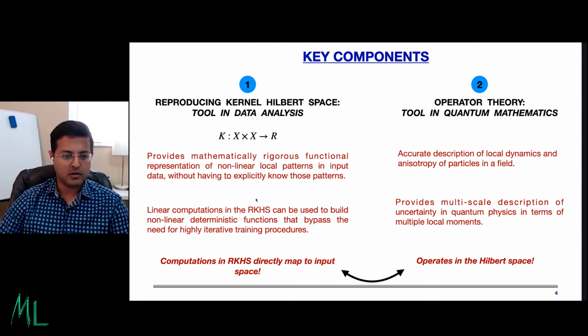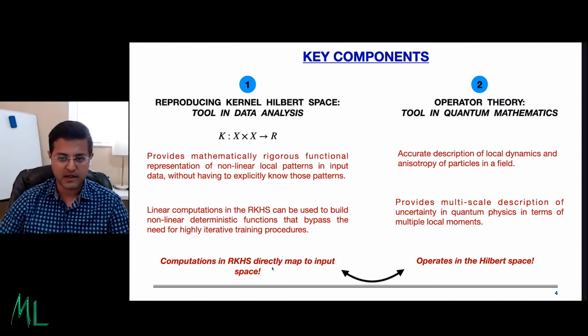And the representer and linear combinations in the RKHS can be used to build nonlinear deterministic functions, and it helps bypass the need for highly iterative training procedures in learning algorithms. And also the representer theorem assures that the computations in the RKHS directly map to the input space.